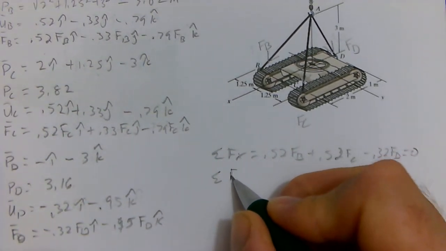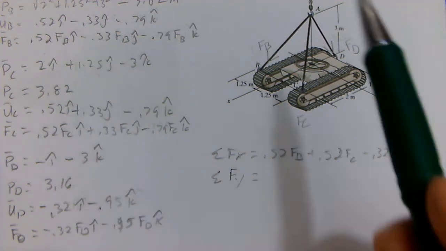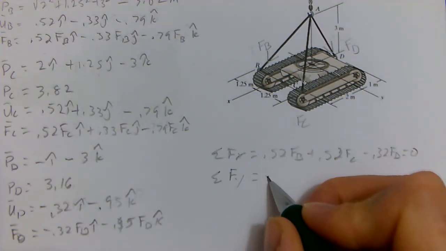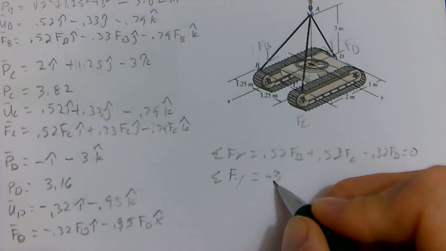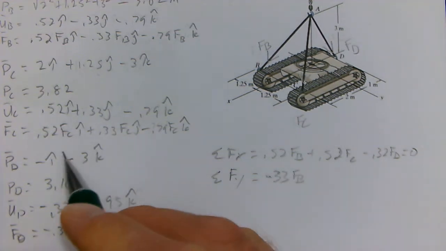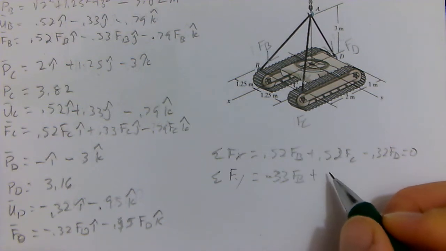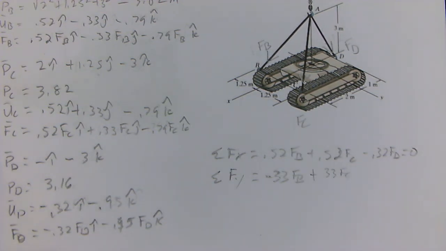Let's sum the forces in the Y, and we get negative 0.33 FB plus 0.33 FC, and that equals 0.